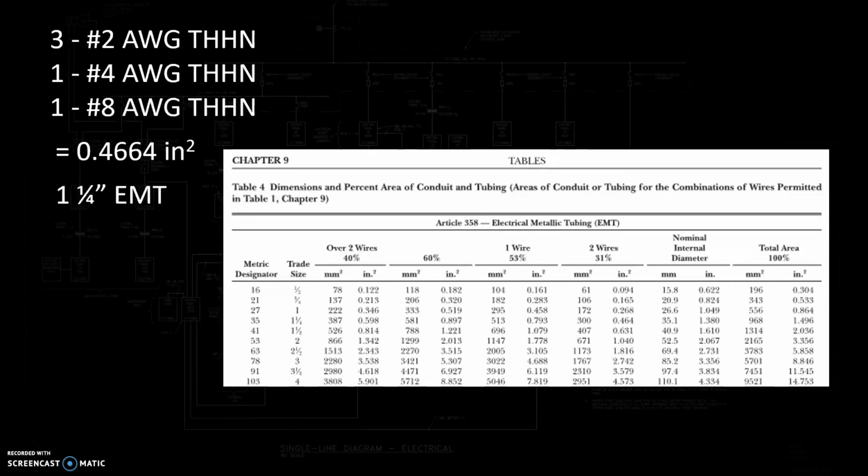Again, very important skill. One word of warning, this is one place where I think the code book is a little lacking. In other words, just because your calculation says it will fit, if you have maybe a lot of bends, a long run, maybe you're very close to the limit, I highly suggest you go up one size. You're going to find very quickly, and if you've ever pulled wire, you can start to imagine some of this.